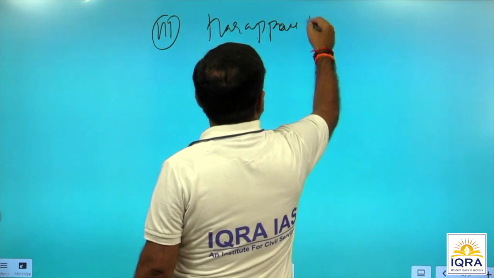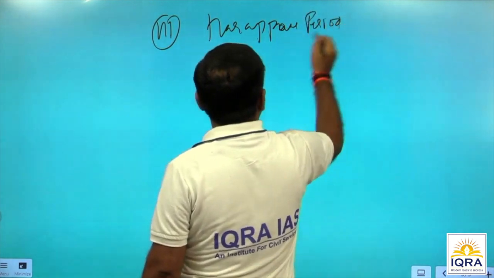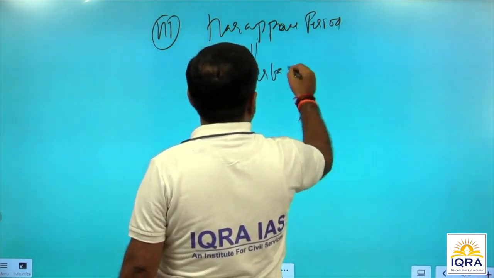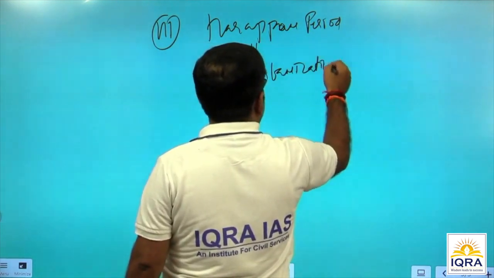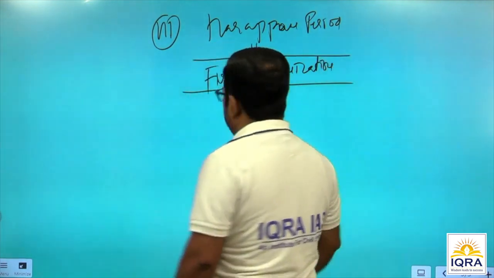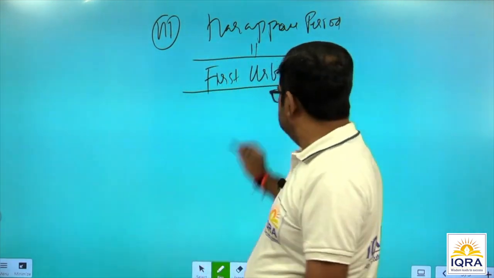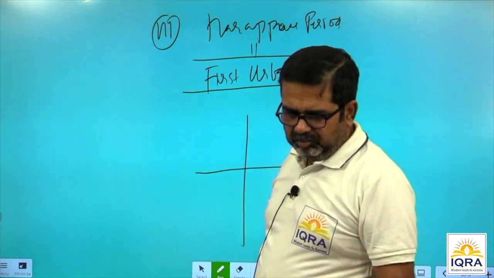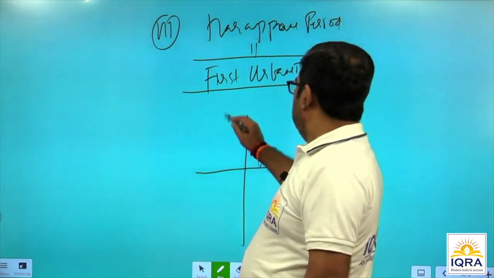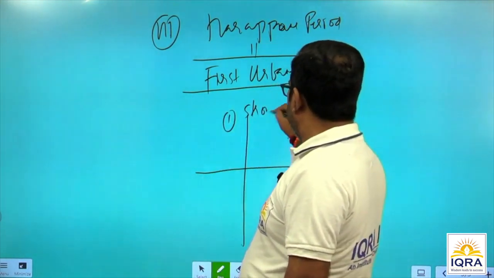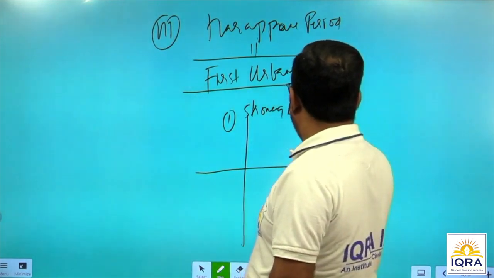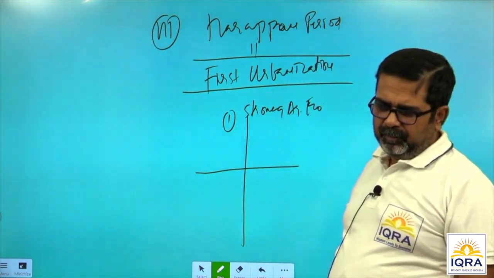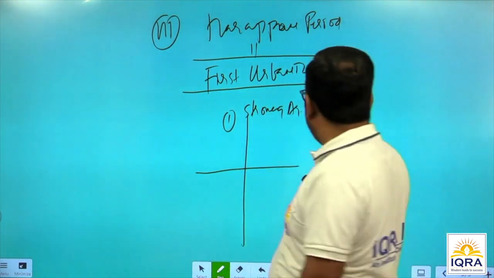First urbanization of India. First urbanization in Indian history. Strong agricultural economy. Why?